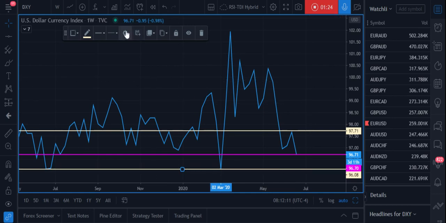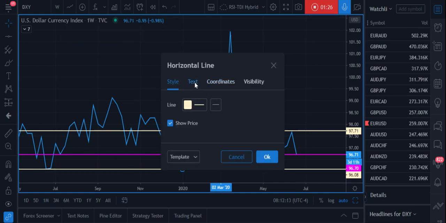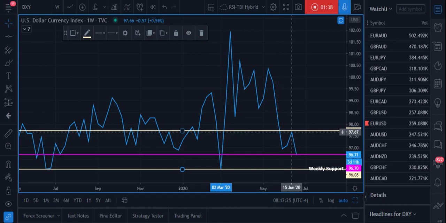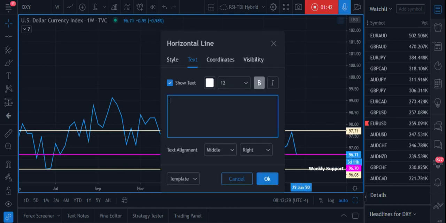So let me go ahead and notate that. Weekly support. In this line, we're going to touch it, and we're going to notate weekly resistance.